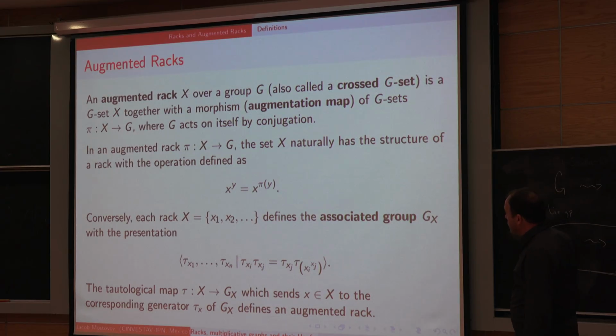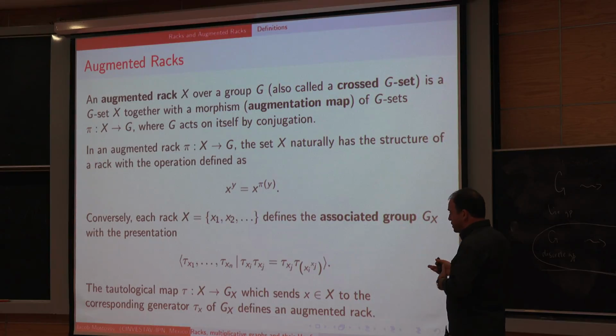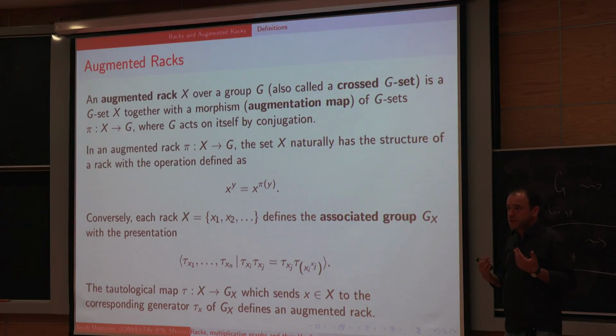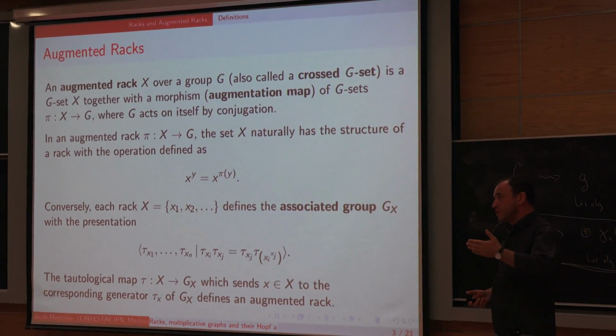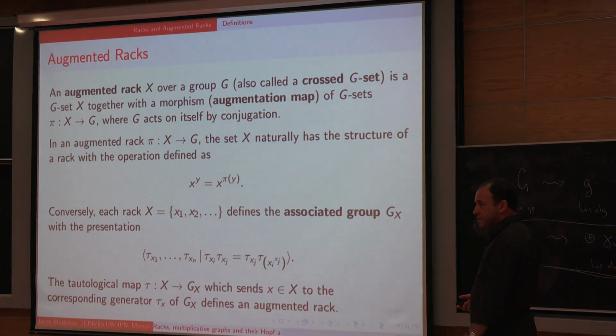And racks, really, I mean, a rack is a non-associative structure. It looks somewhat exotic, and it has a very clear associative interpretation. So an augmented rack is simply the same thing as a crossed G-set. You have a set with an action of a group G, and you have a morphism of this action into the conjugation of G on itself.